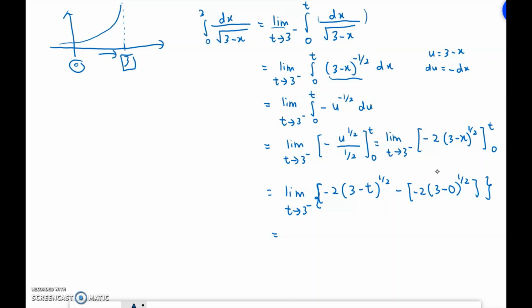So we substitute this, we will get negative 2, 3 minus 3, which is 0. So here it will be 0. And then this will be square root of 3. So the final answer will be 2 times square root of 3.